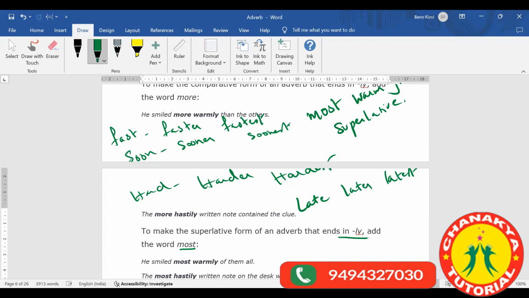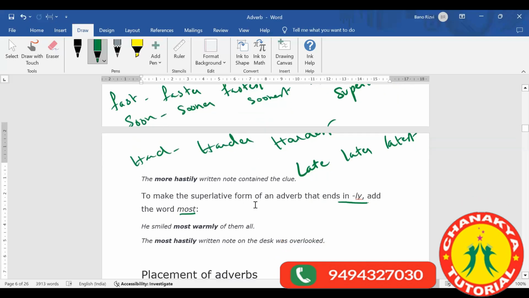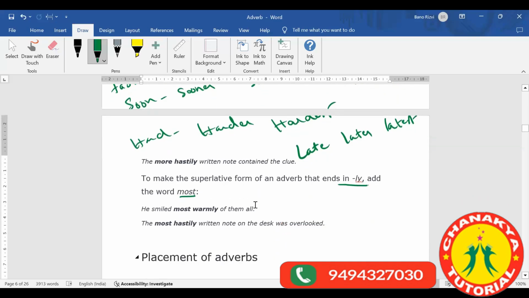Now we are going to do group 2. These are adverbs that end in ly, like warmly. In this group we have slowly, more slowly, most slowly. Just a minute, I don't have space to write here.